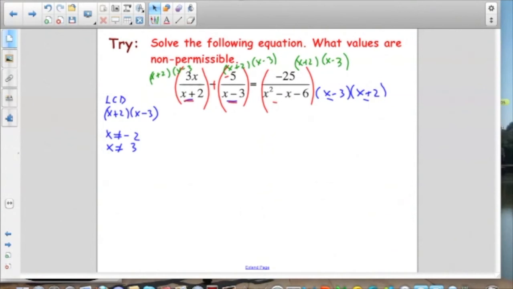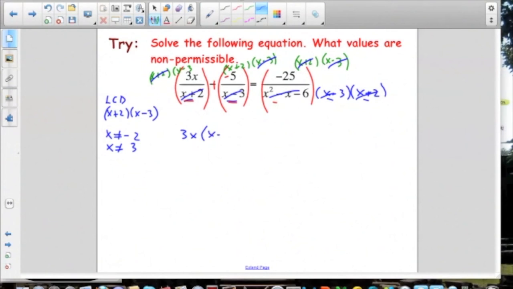Okay? Now let's cancel off. So that cancels that. That cancels that. That cancels that. That cancels that. Okay, so what are we left with? The 3 in the x is left with the x minus 3 to distribute. The minus 5 and the x plus the 2. And just the minus 25.